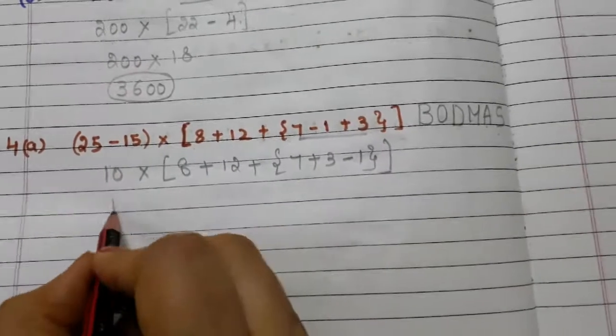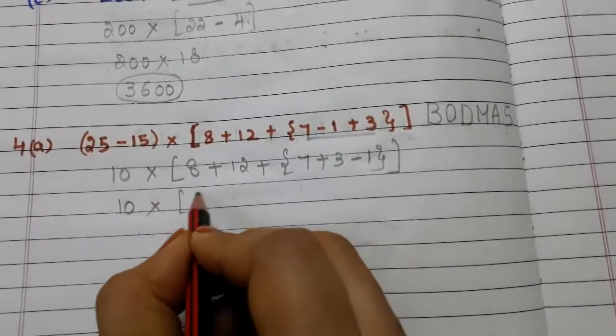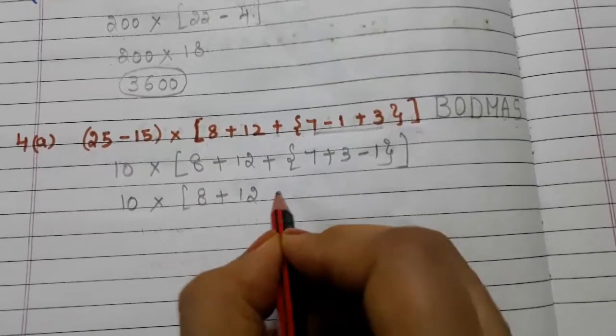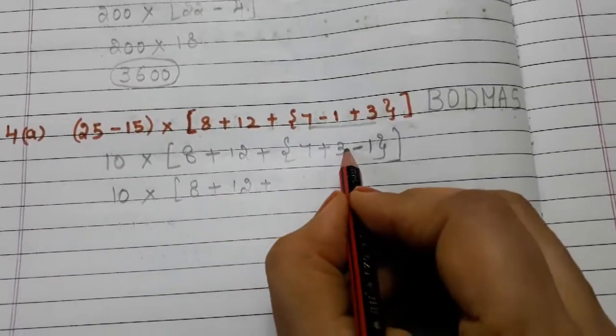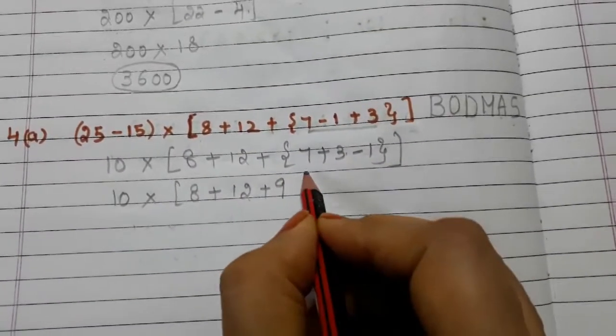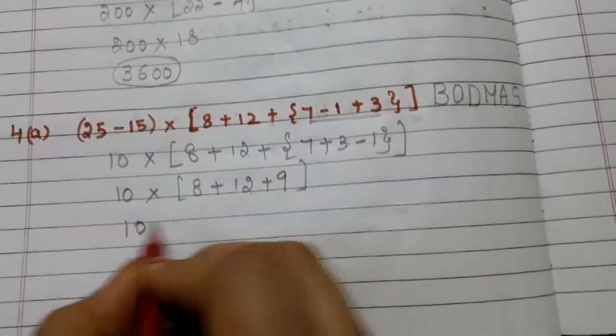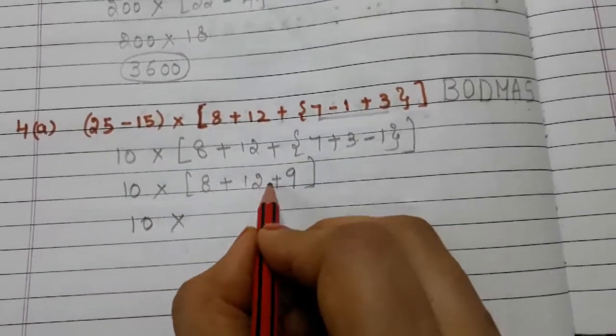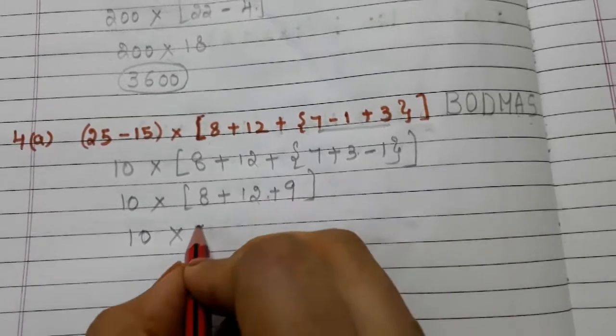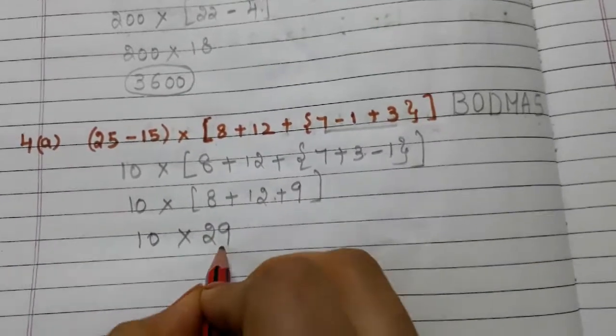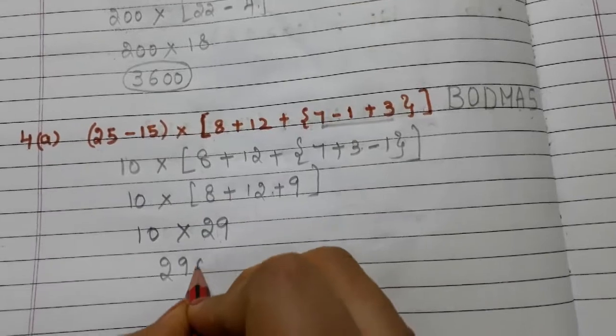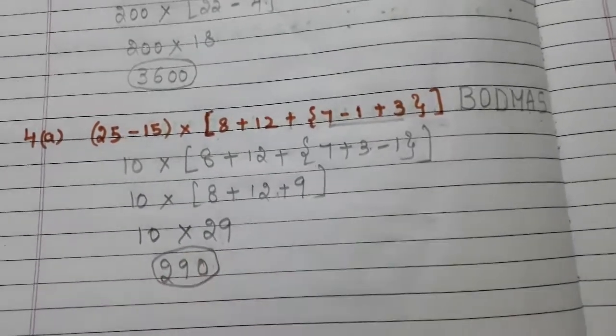Okay, 7 plus 3 is 10, minus 1 is 9, right? Okay, now 10 into 8 plus 12 is 20 plus 9 is 29. Okay, 10 into 29 is 290. So the answer is 290.